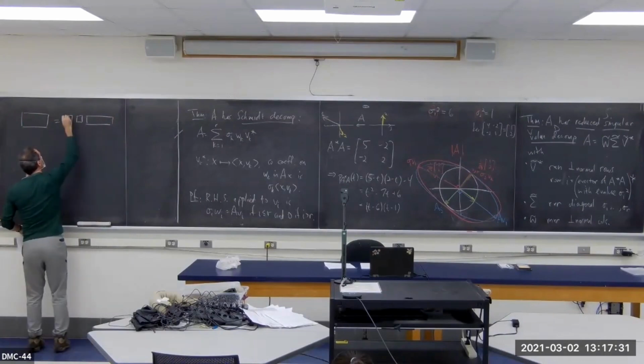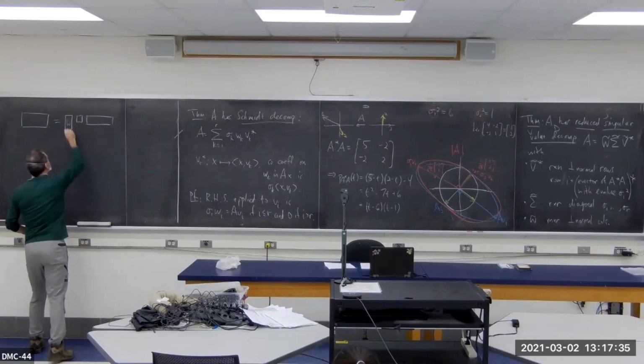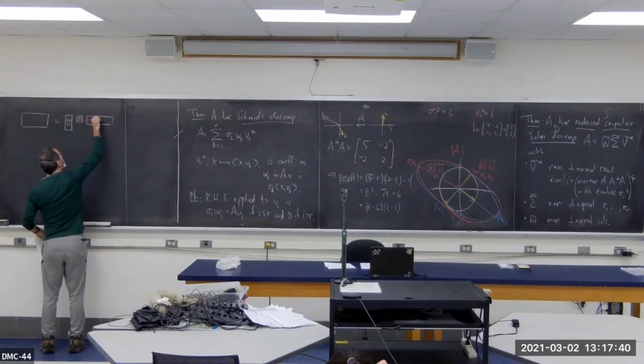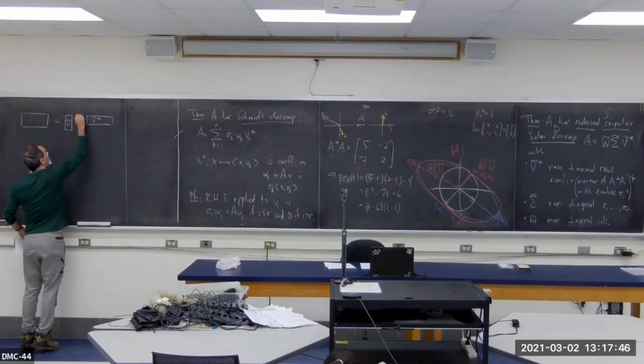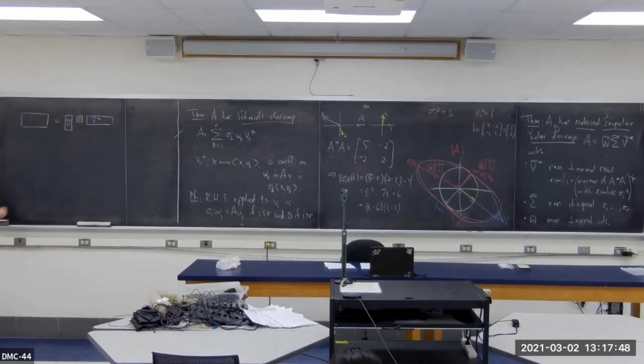Like this. Which one is which? W tilde, sigma tilde, V tilde star. And this middle one is just diagonal like this. And the proof is one line. In fact, it's just two words. It's just Schmidt decomposition.